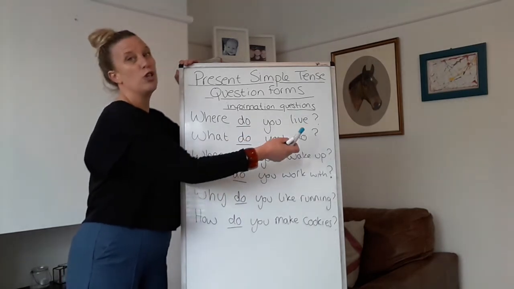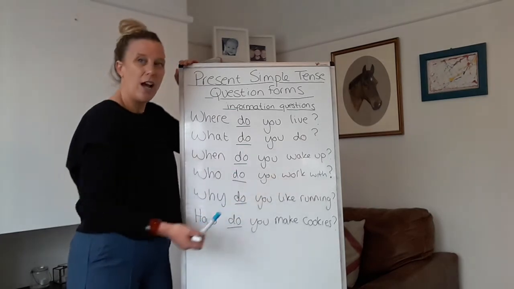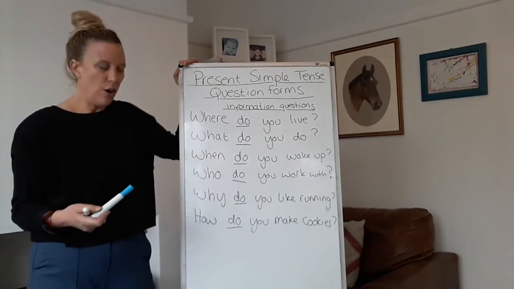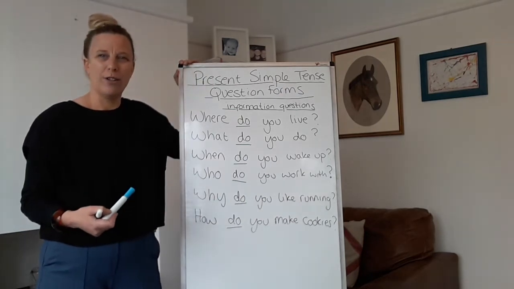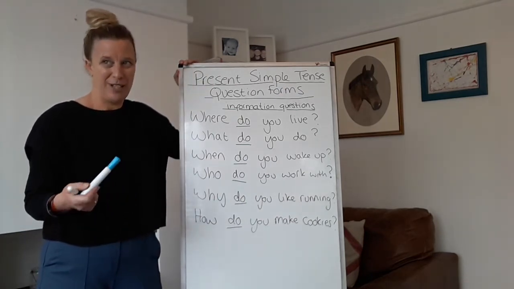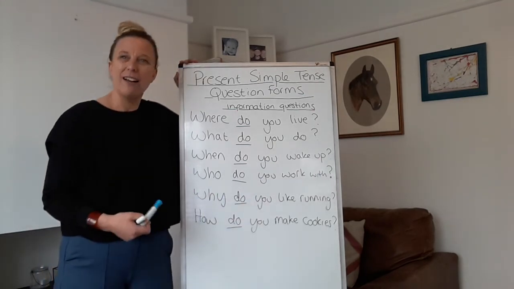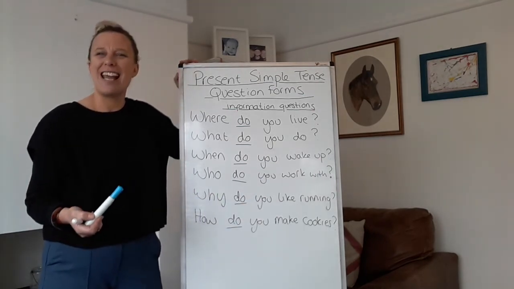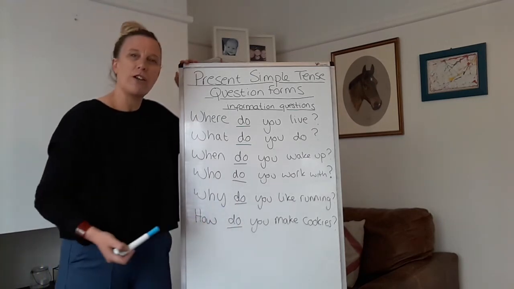What do you do? I am a teacher. When do you wake up? I wake up at 6 o'clock. Who do you work with? I work with 3 other people. Damon, Tom. Why do you like running? I like running because it makes me feel healthy. How do you make cookies?